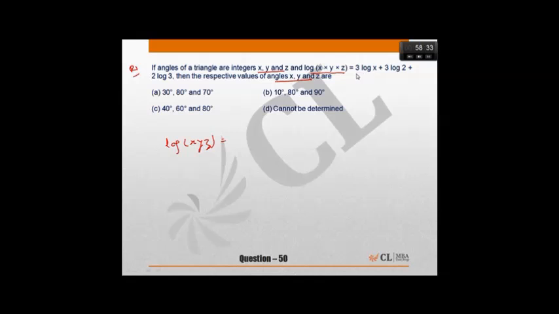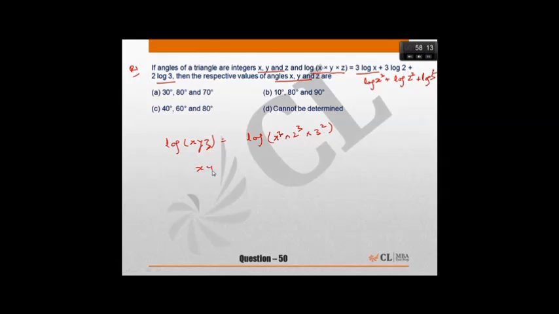should be equal to log of x cube plus log of 2 cube and 2 log 3, so this will become plus log of 3 square. So this is going to be nothing but log of x cube into 2 cube into 3 square.